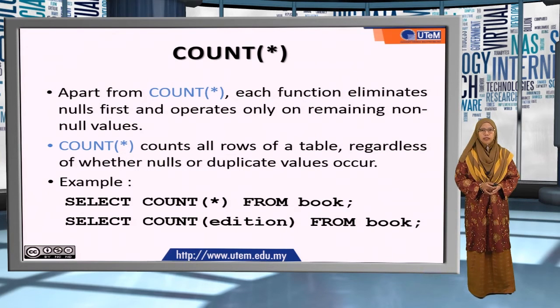For example, the 2 SQL statements in the slide will return different results. The first statement counts all rows and returns 8 as the result, whereas the second statement counts non-null values of the edition column and returns 4 as the result.